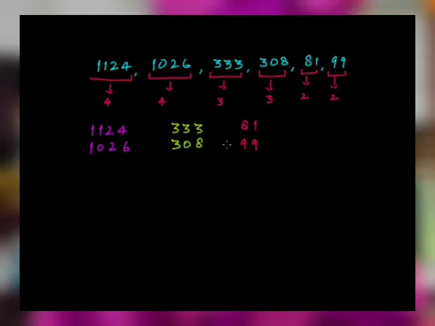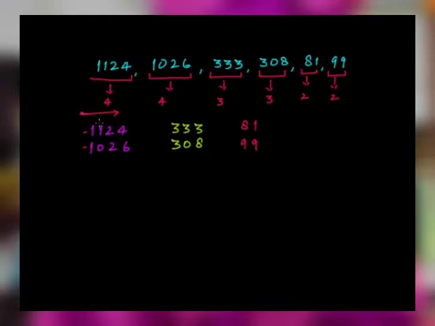Now the second step is, from the extreme left move towards the extreme right and compare the digits present at the given place. Here this is 1, this is 1. We cannot find it out on the basis of this. So now move towards the right.